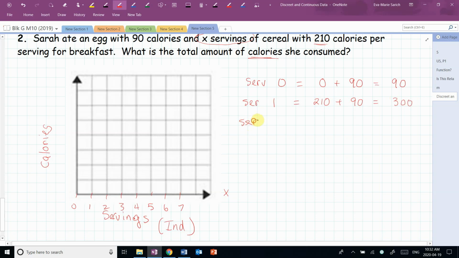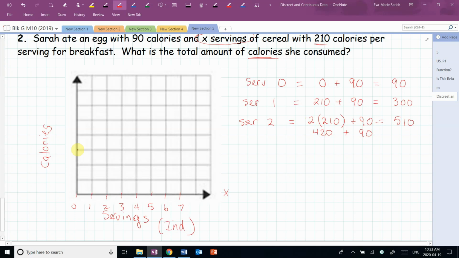If she is to have servings of 2, we need to think of 2 servings of cereal at 210 each, plus the egg. So 2 times 210 gives us 420, plus the 90, that's going to equal 510 calories. So there's 3 points of data.